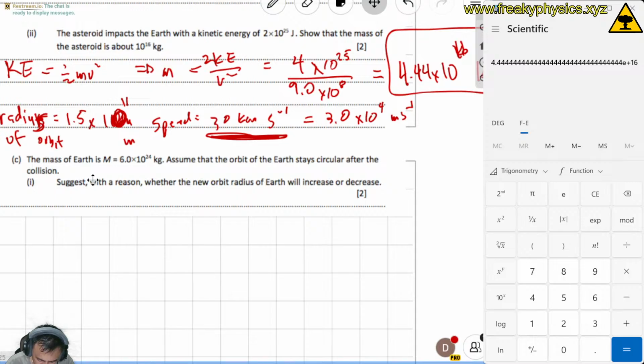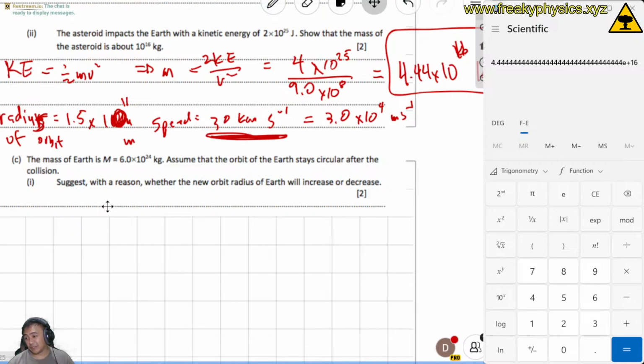So after the collision, the Earth stays in a circular orbit. Assume that, right? Now, is the orbit going to be smaller or bigger? Think about it first. Suggest with a reason whether this would increase or decrease.